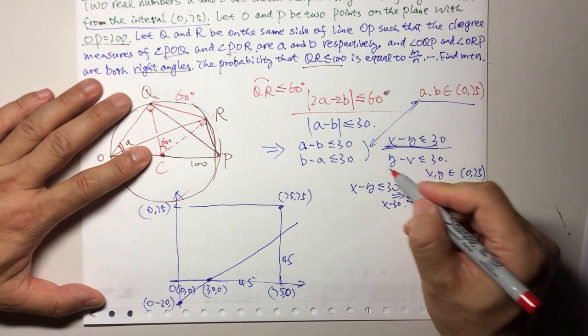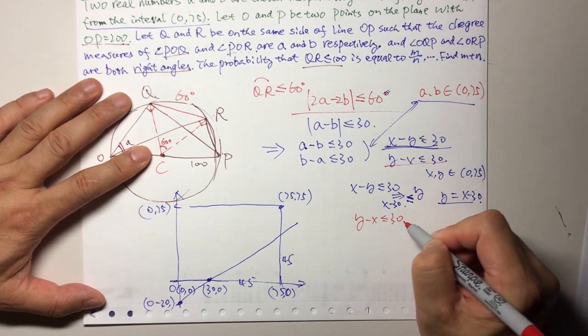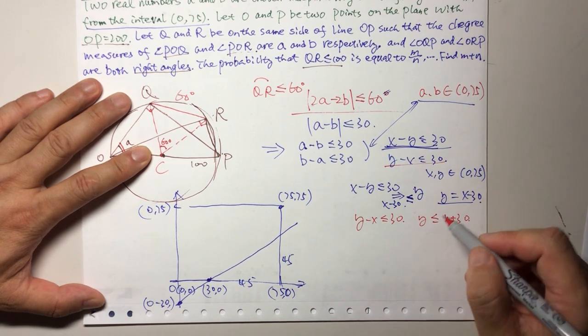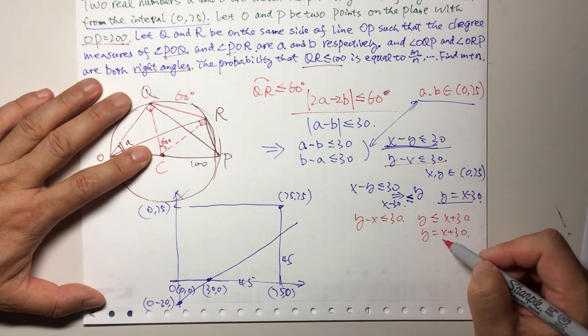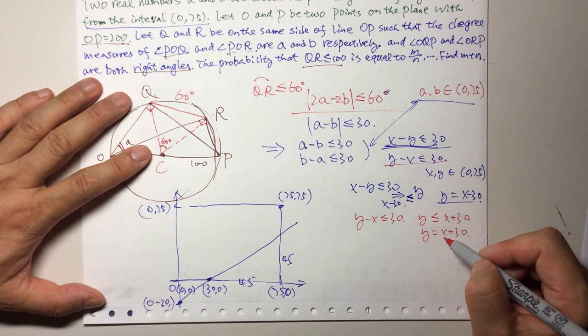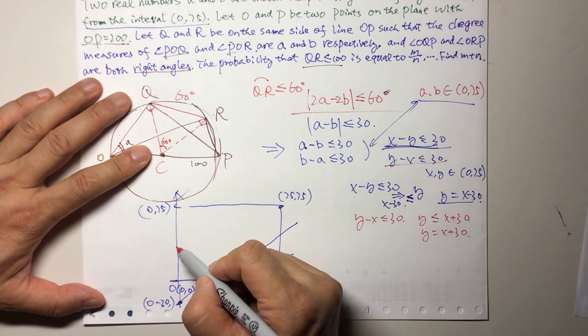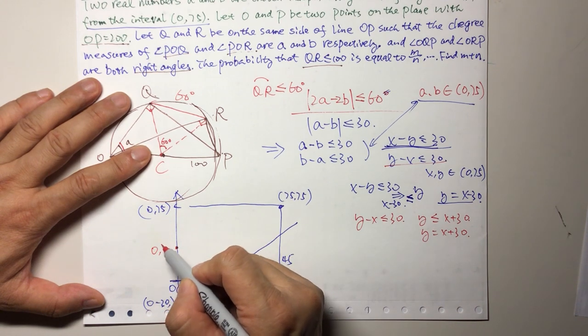Then another one, Y minus X less than 30, so Y less than or equal to X plus 30. So Y equals X plus 30. I will draw the line of this one. The y-intercept, when X equals 0, Y will be 30, right?